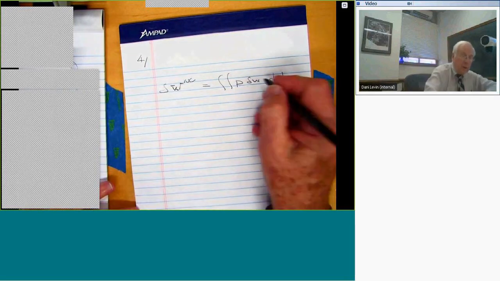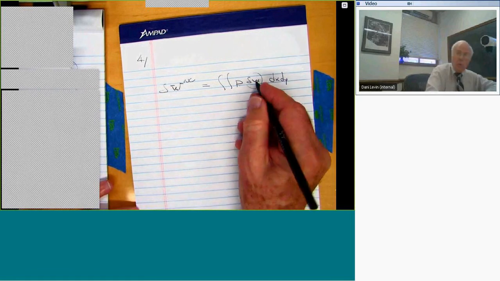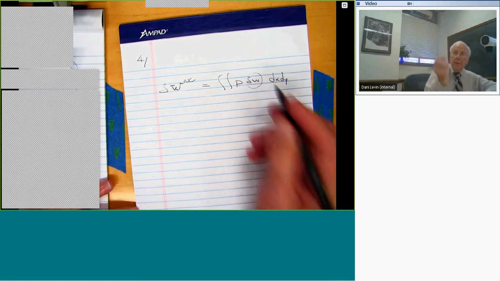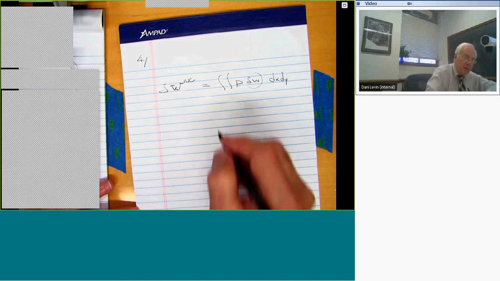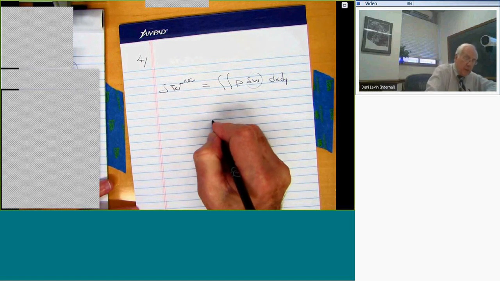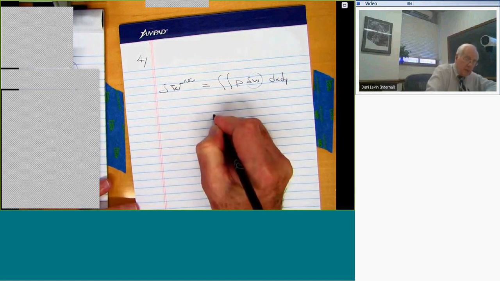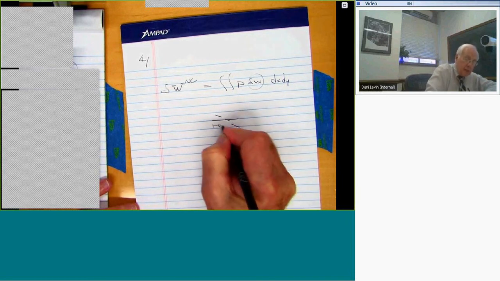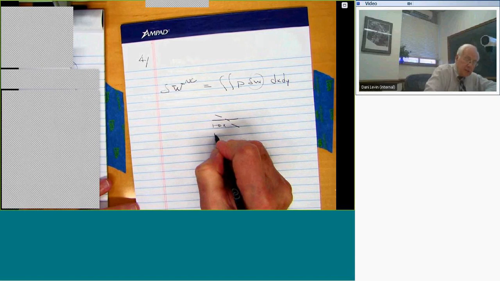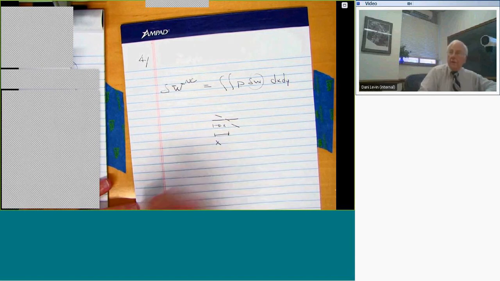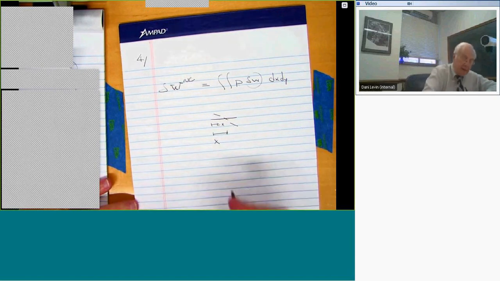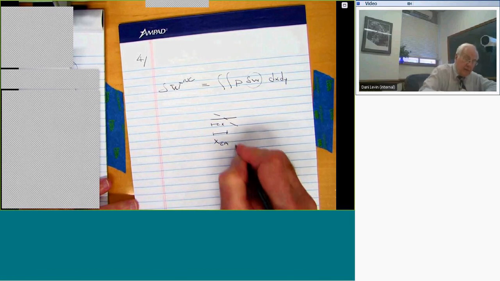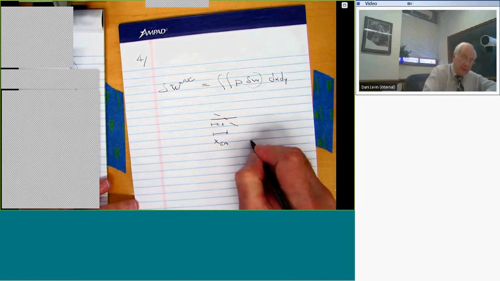Now, how does this deflection W relate back to alpha, right? Well, let me draw you the picture again. I'm drawing you a side view, right? And X is going in this way, and this distance I'll call suggestively XEA, where I'm thinking of EA meaning elastic axis, right?